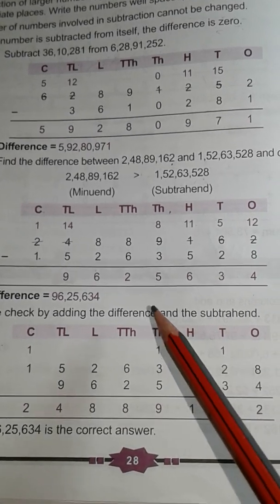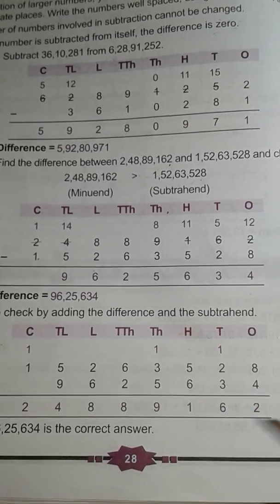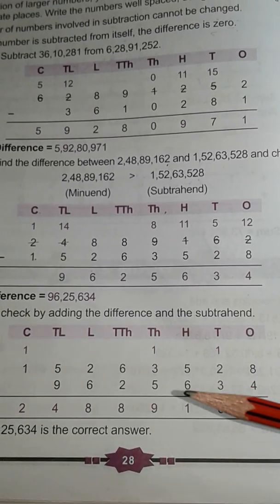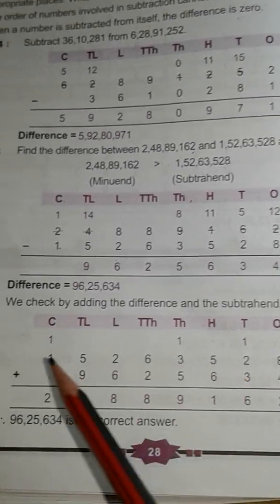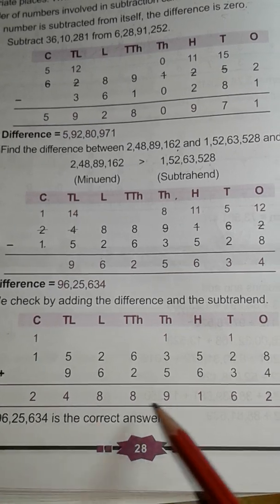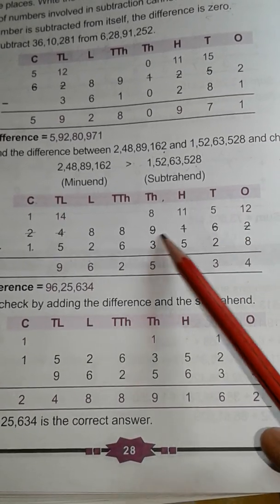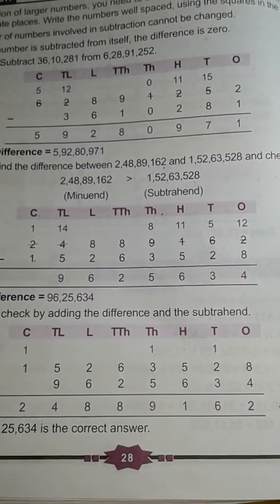If you add difference and subtrahend, you get the minuend. If your answer is matched to the minuend, then your answer is correct. Let's see, this is subtrahend, then difference, then you add. This number is matched to the minuend, so your answer is correct.